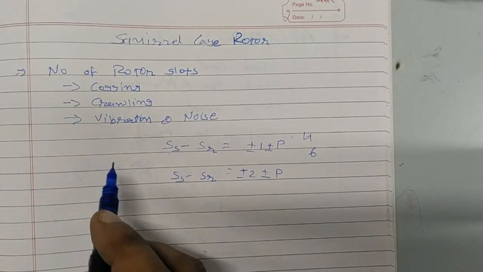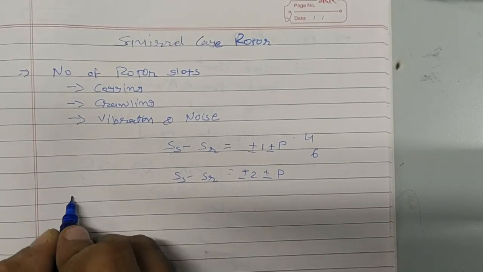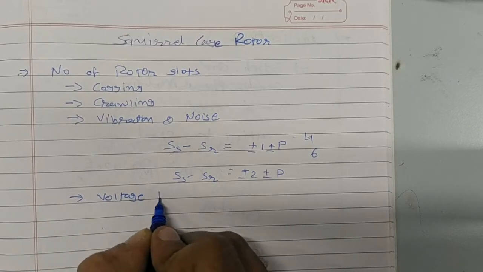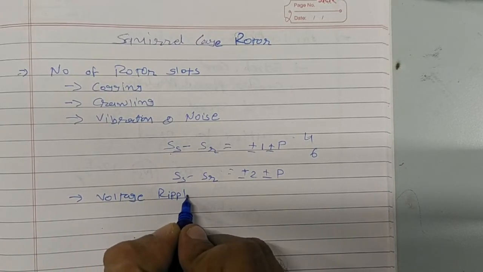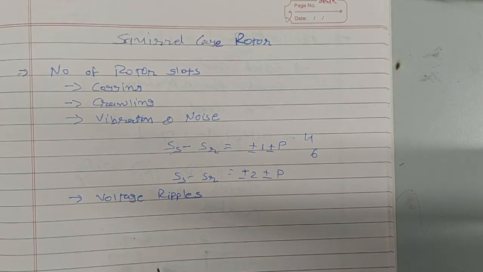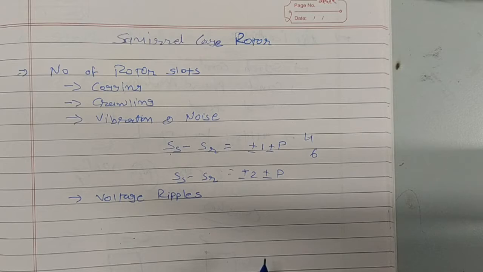Okay, so these three are the points, and fourth is the voltage ripple. So voltage ripple is nothing but a variation in the voltage waveforms. Okay, so the harmonic fields produced by the stator current induce harmonic currents inside the rotor, meaning whatever rotor current is there is because of stator current, as both are mutually connected, and it will reflect back additional harmonic field into the stator.